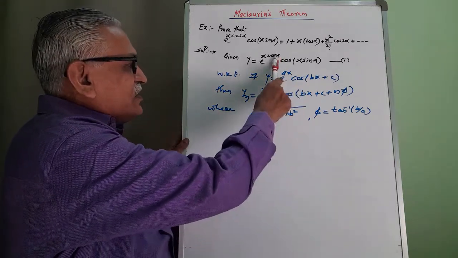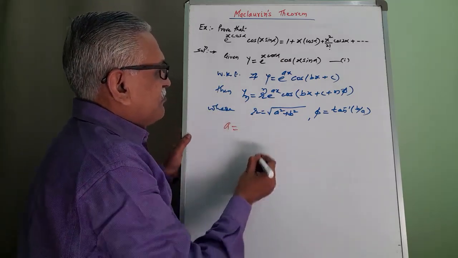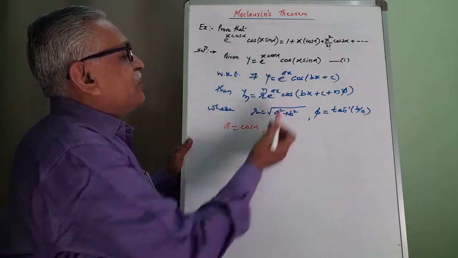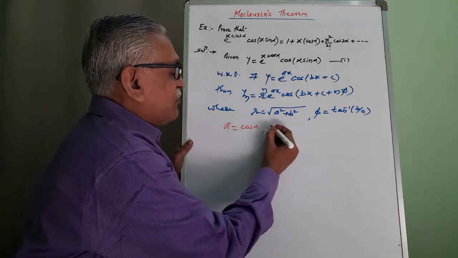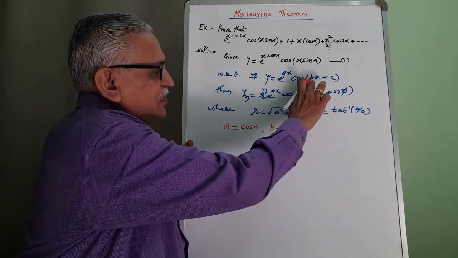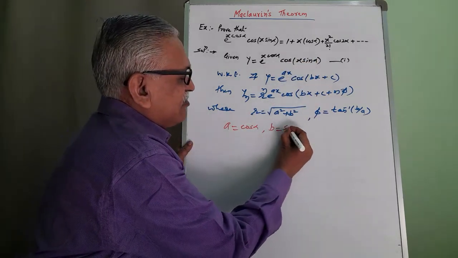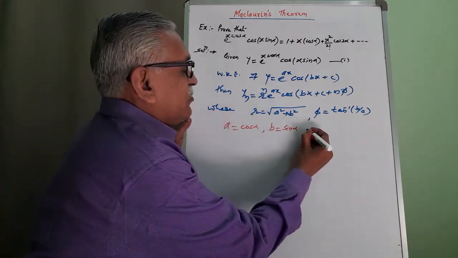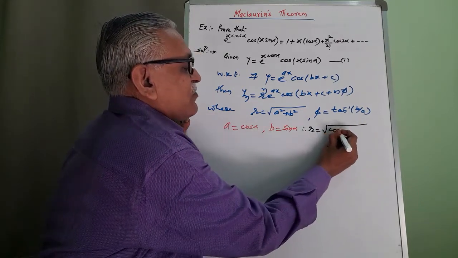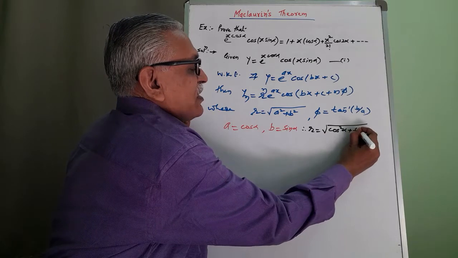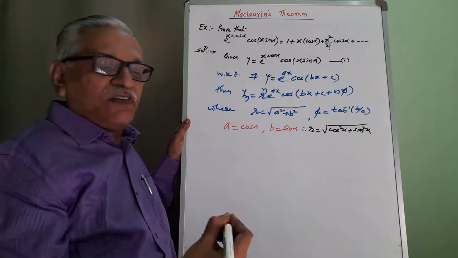Therefore, comparing this with this, we get the value of a. Comparing these two terms, a is the coefficient of x in the exponent, which is cos alpha. Therefore, a is equal to cos alpha, and b is the coefficient of x in the cos term, which is sin alpha. Therefore, we find r as root of a square plus b square, which is cos square alpha plus sin square alpha, and cos square plus sin square is nothing but 1.